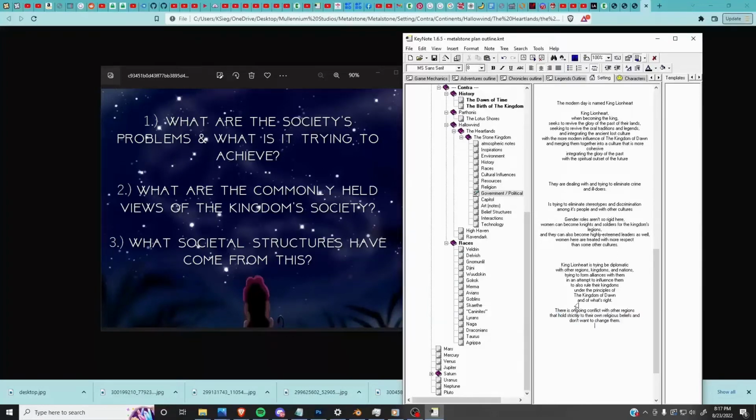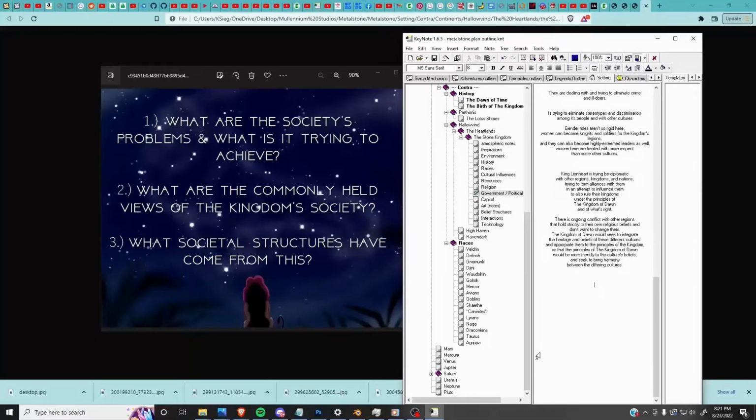And as a product of this, I would imagine that the Stone Kingdom and the Kingdom of Dawn would seek to integrate the heritage and beliefs of these different cultures and appropriate them to the principles of the kingdom, so that the principles of the Kingdom of Dawn would be more friendly to the cultures' beliefs and seek to bring harmony between the differing cultures.